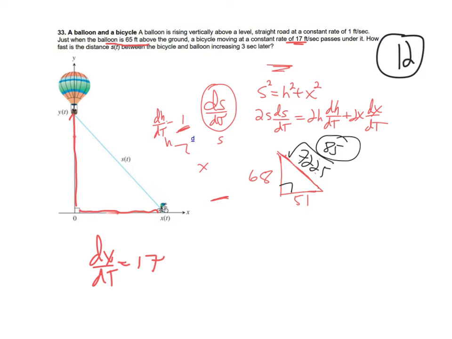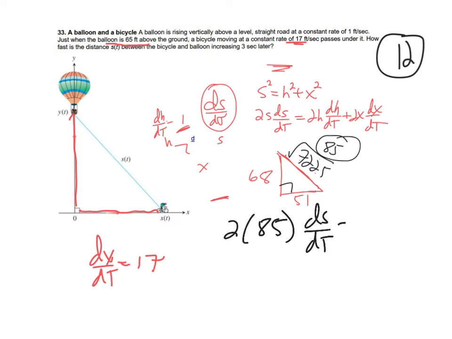Now I believe this is the problem on MathXL. They want you to solve for the derivative, and I wrote it with the dh's and dt's as variables. I didn't actually substitute in values. I think they want you to do that. So it's going to be 2 times 85 times ds/dt.